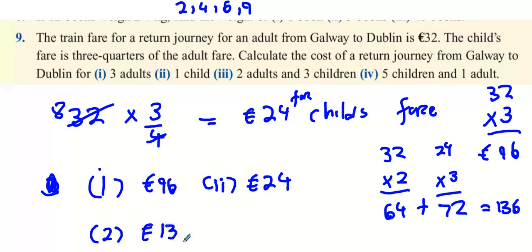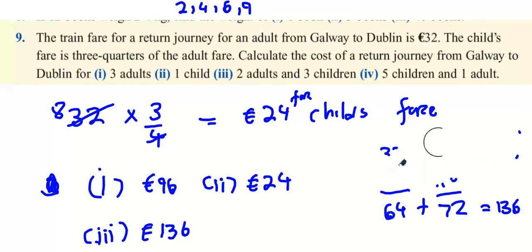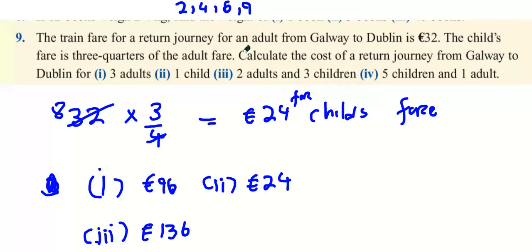So €136 for part 3. And see the way I'm doing workings, lads. And then part 4, 5 children and 1 adult. So 5 children is 32. Oh, sorry, 24 multiplied by 5.